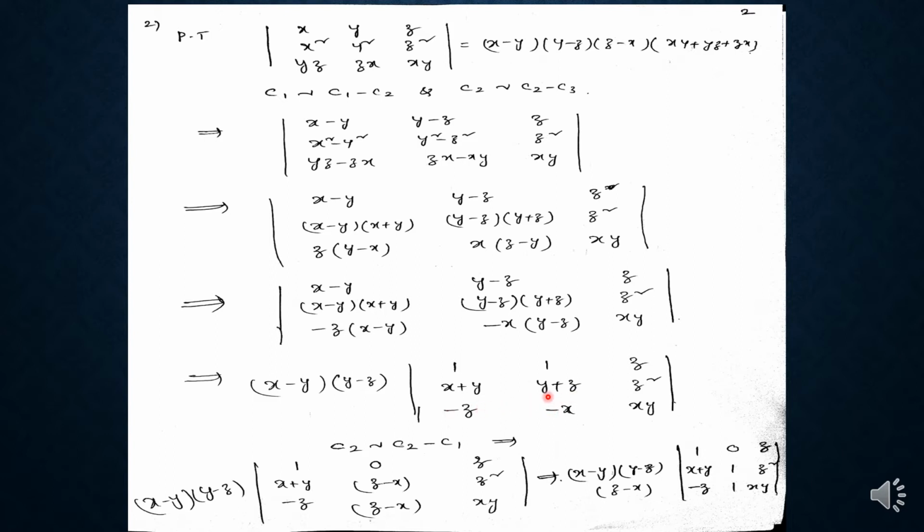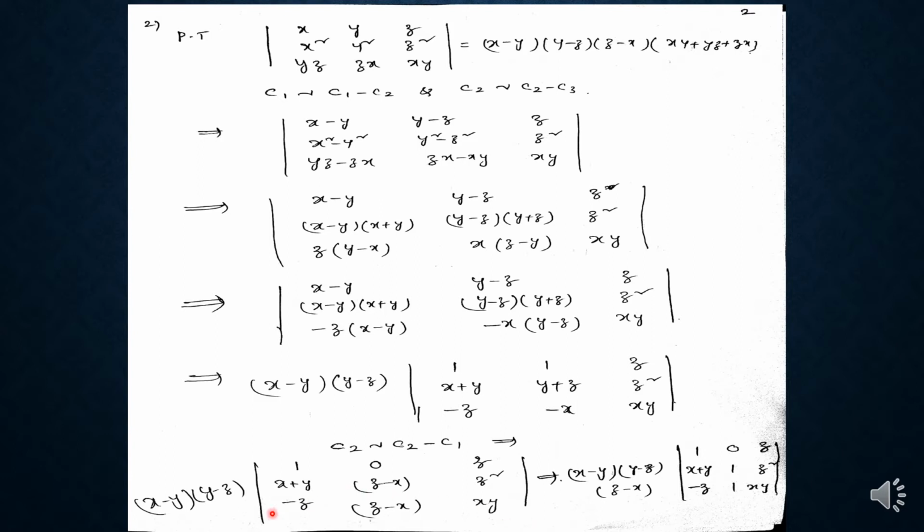So here y and −y cancel and z − x will remain, and here −x + z, so that is z − x. So these are the C2 elements: 0, z − x and z − x, so that z − x is common from the second column.